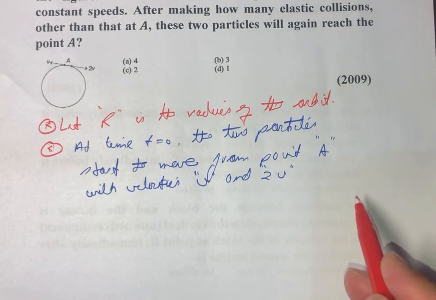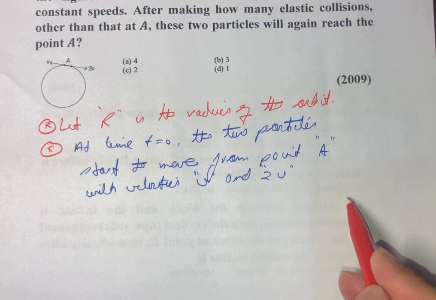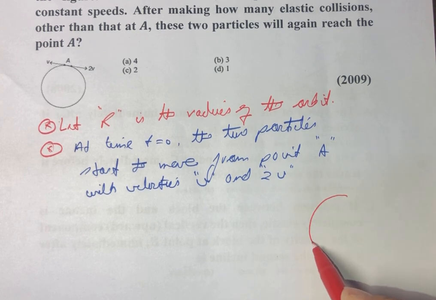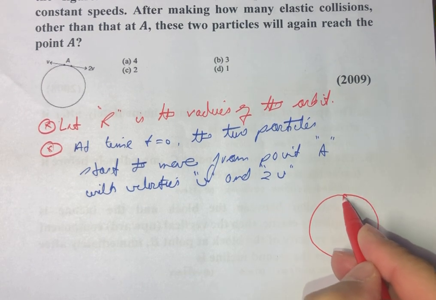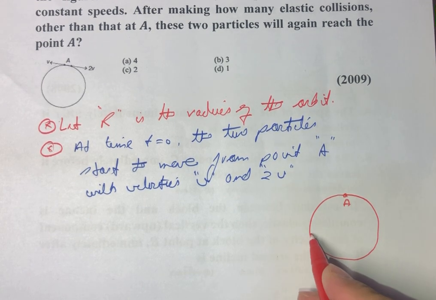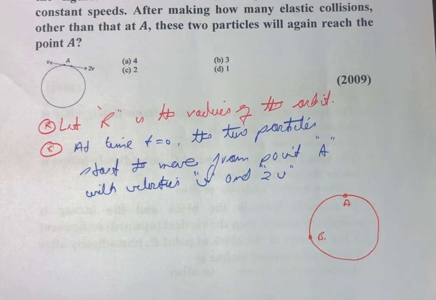In this case, we assume another point B along the circle. So this is our point A, and we assume another point B in this circle where they are going to meet each other.